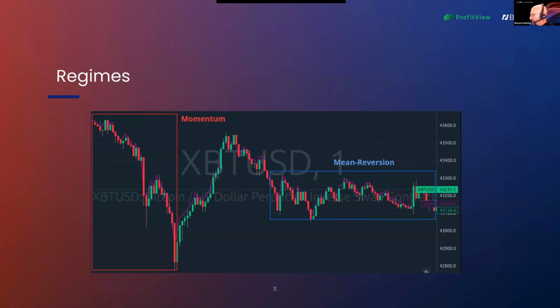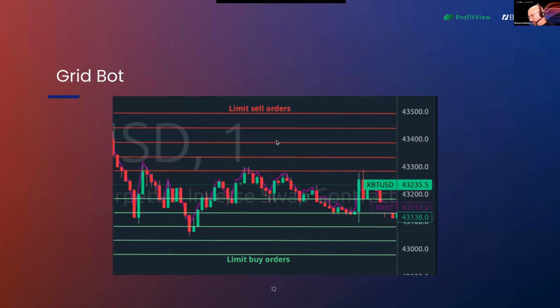So grid bots are for mean reversion regimes. It's really quite simple. The standard grid bot will put a set of limit sell orders evenly spaced above the trading range, and limit buy orders spread below the trading range.